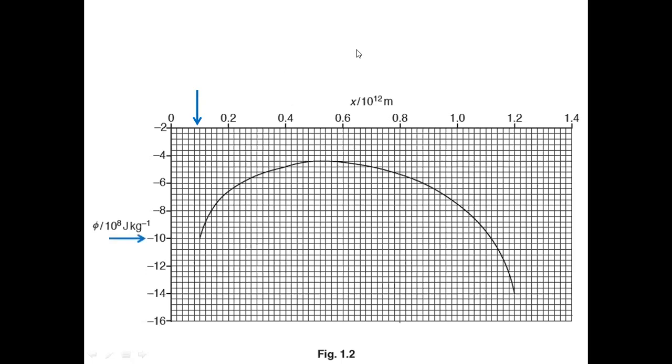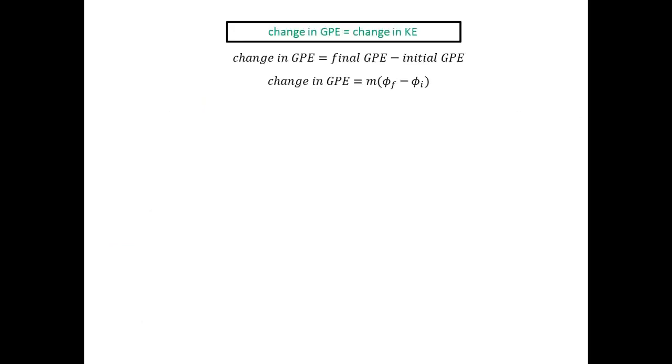So the initial gravitational potential is at -10 times 10 raised to 8 joules per kilogram. And then the final gravitational potential, again, we're only considering the first part of the graph, is around -4.4 times 10 raised to 8 joules per kilogram. And of course, the mass will still be the mass of the rock. So substituting all those values, we'll have this one.